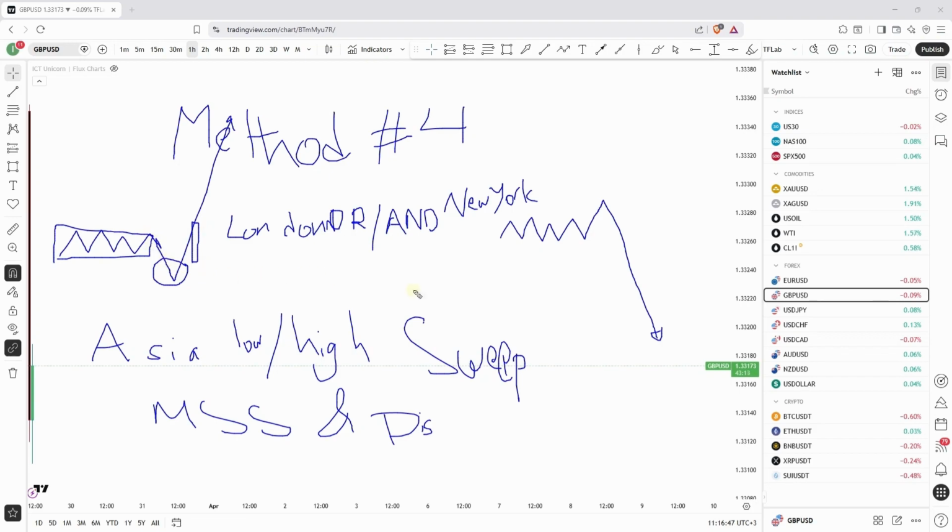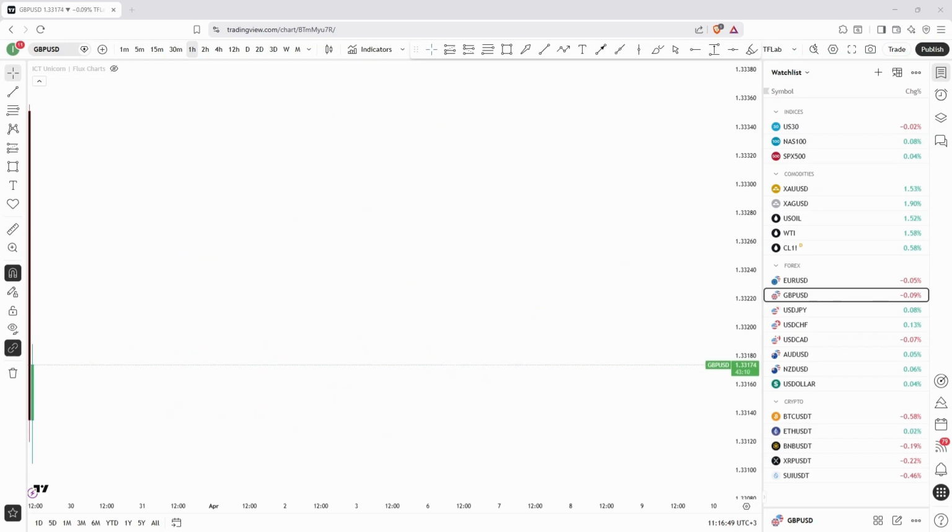Here, let me erase this. Let me draw it for you one more time. Let's imagine that we are currently trading within the Asian session and a liquidity sweep suddenly occurs across the market. Then it is quite possible that a specific reaction follows. In fact, a correction happens.